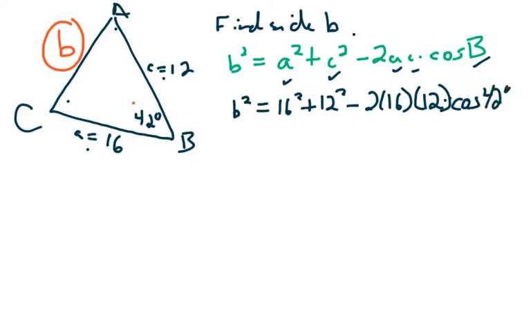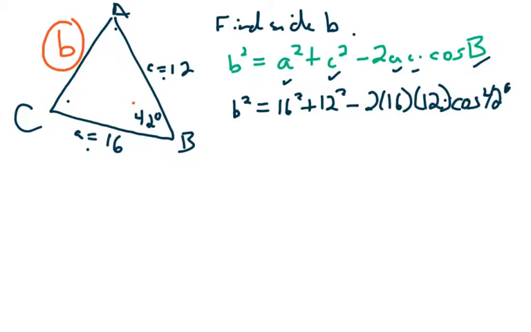Now, I'll do some steps later and put them in here. But if you're looking for a side using the law of cosines, I can't emphasize enough how this is the easiest part of the law of cosines. You just put this all into your calculator and don't hit equals until you're done with the cos 42 at the end.